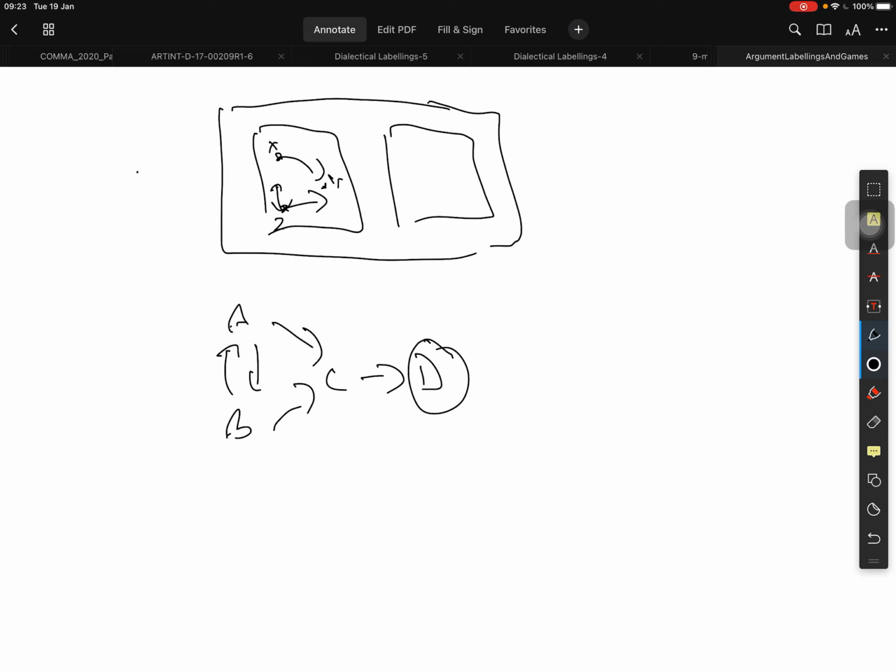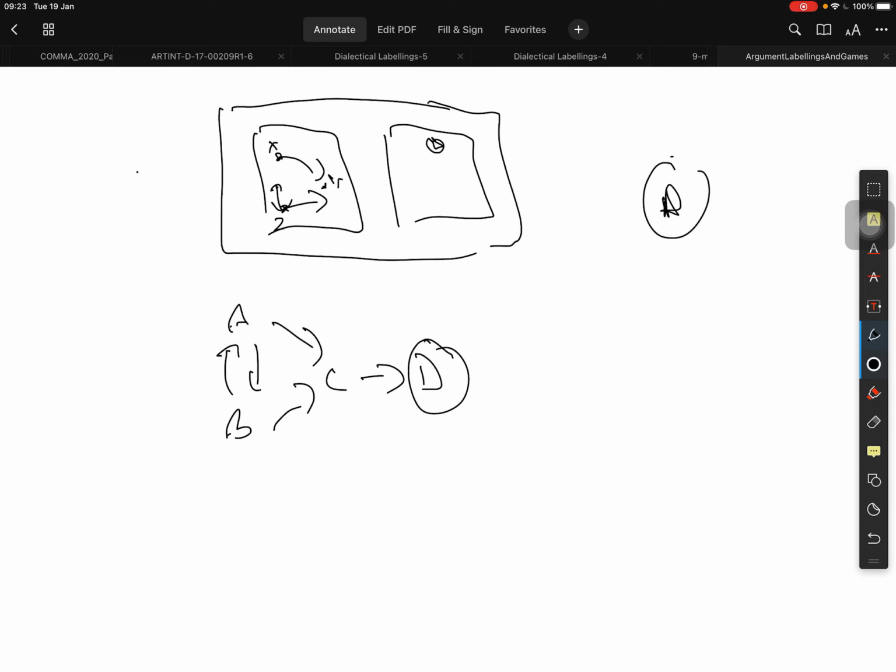So let's take the question, is D in or winning in a preferred labeling? So you play a preferred game. And the idea is as follows. The user selects D. So D appears here. Let's just write this here, D. So that's the first move in the game, right?